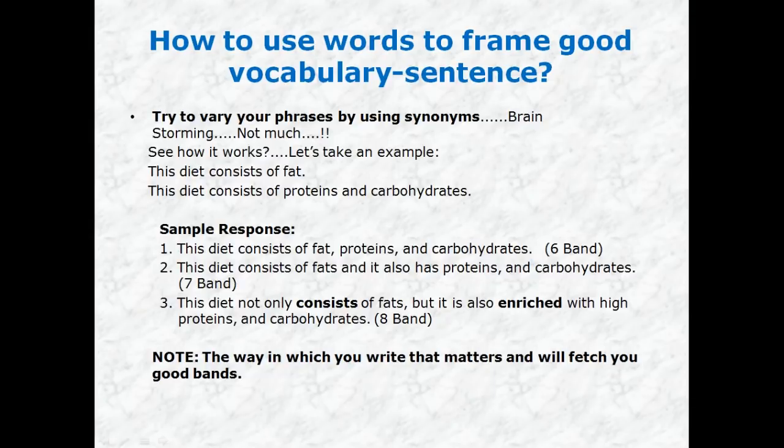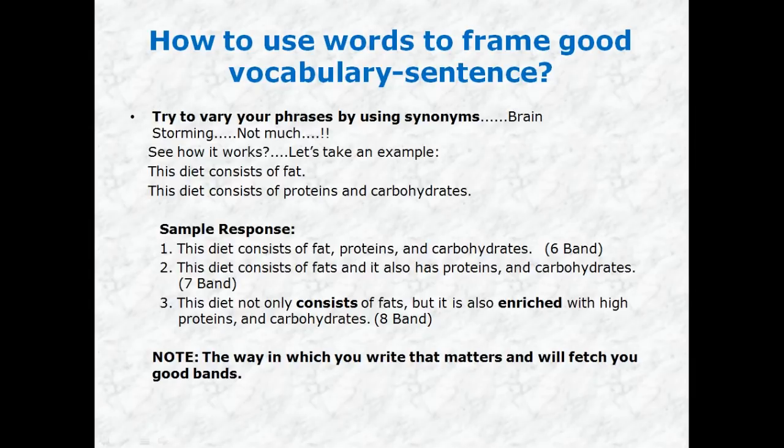My first response with respect to 6 band is, this diet consists of fat, proteins, and carbohydrates. Second one, with respect to 7 band: this diet consists of fats and it also has proteins and carbohydrates.